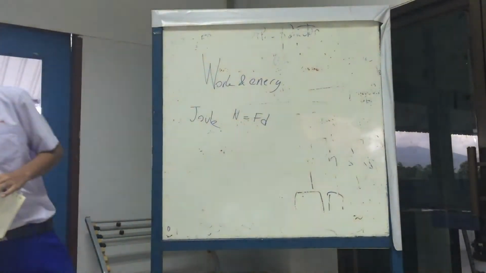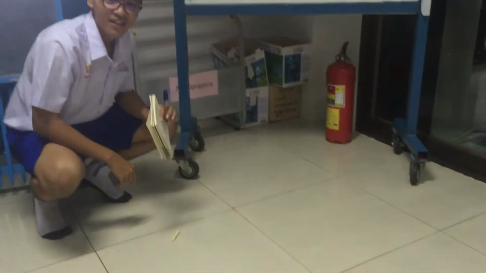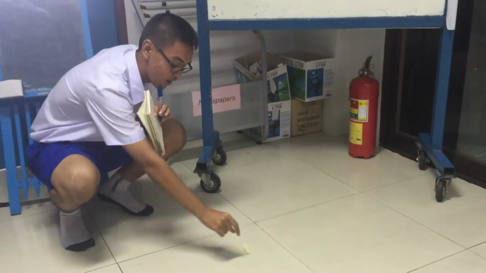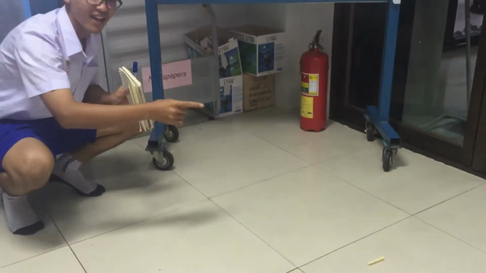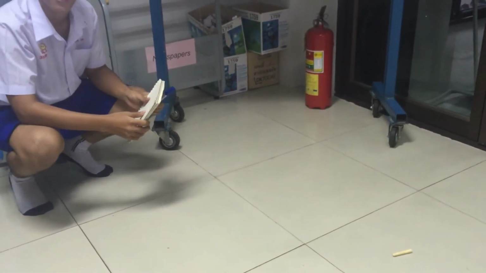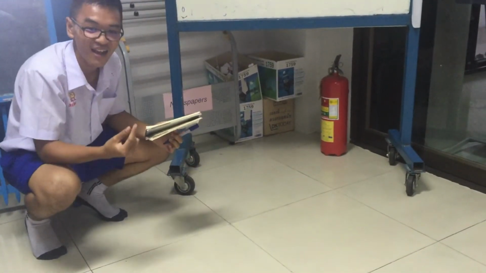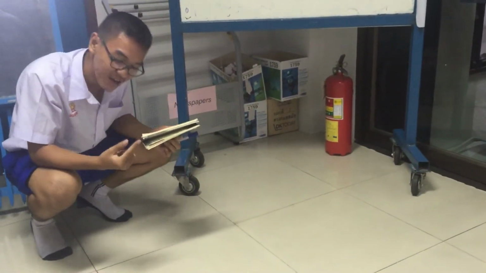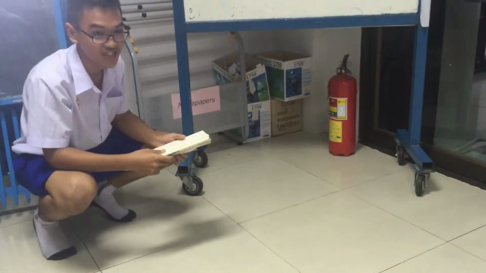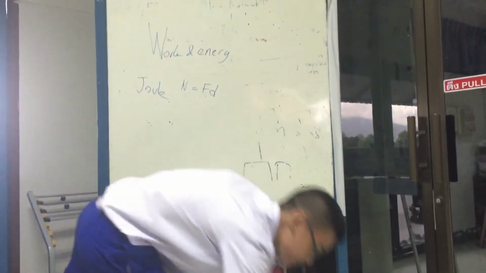And here is an example. The shock moves from point A to point B, and that is work done. And that is the distance. My finger is a force that pushes the shock away.